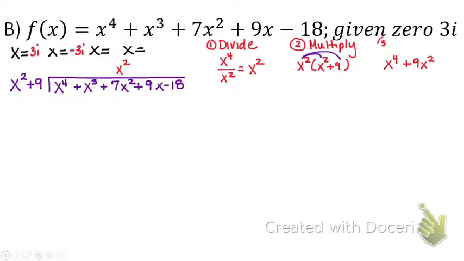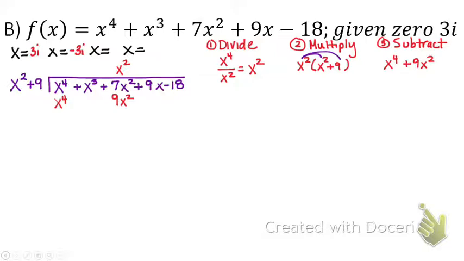And the last step is to subtract. And when you subtract, you want to line up your like terms. So I'm going to put that x to the 4th under this x to the 4th. And the 9x squared is going to go underneath the 7x squared. But you have to subtract it though.